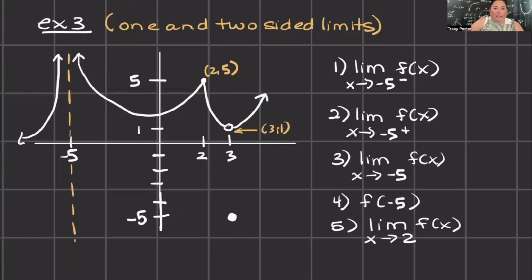Okay, so we're going to look at example 3, some more one and two-sided limits. The first one starts out with x approaching -5, but we're coming in from the left side. So this one is going to positive infinity. From the right side, as you approach -5, we're also going to positive infinity.